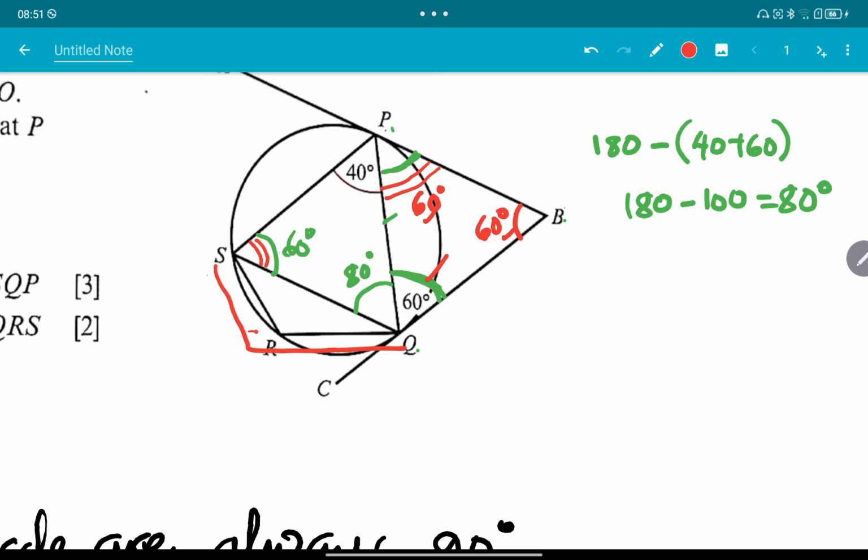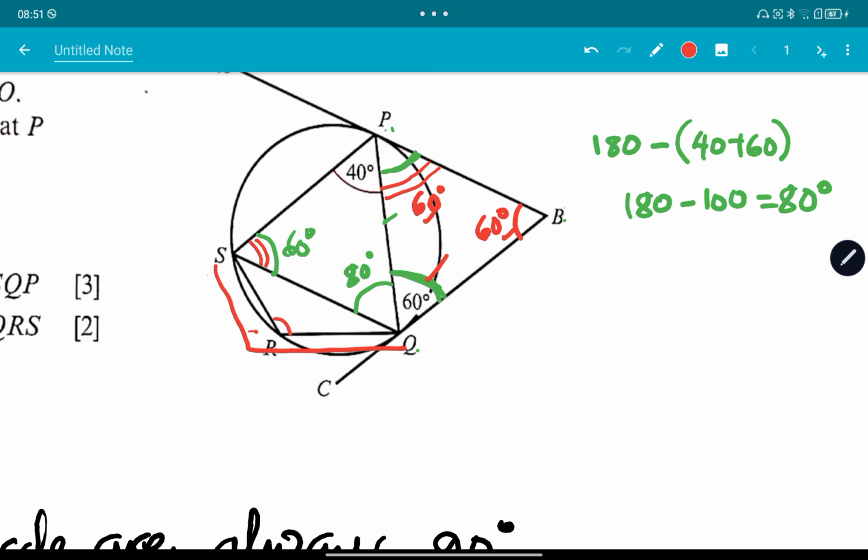Then we move on to the next angle that you can easily get, the angle SRQ. Looking at the shape SPQR, that is a cyclic quadrilateral, and we just said opposite angles in a cyclic quad add up to 180. So it means this and this add up to 180.